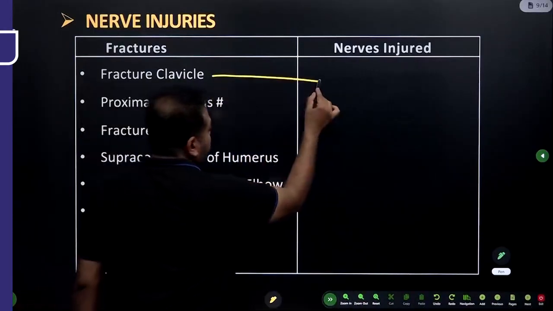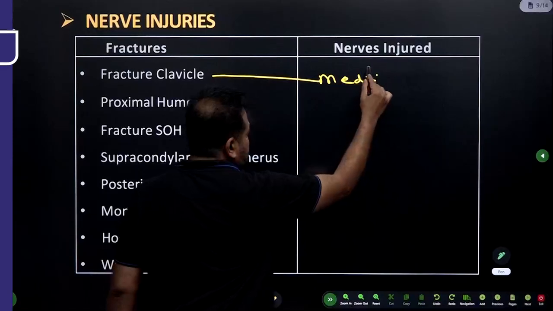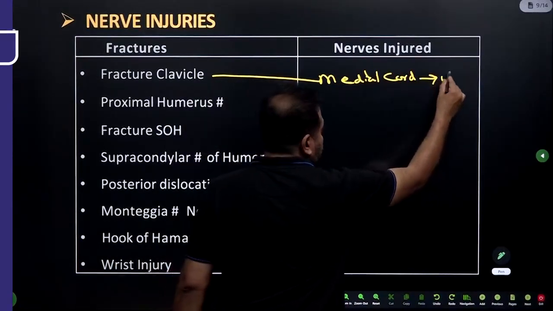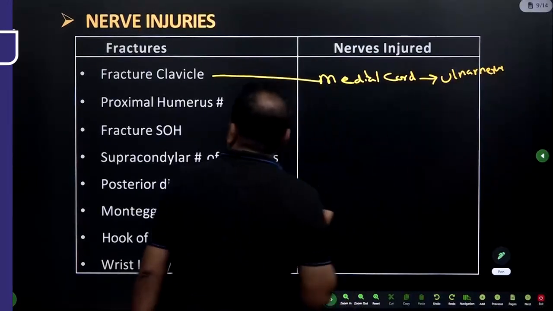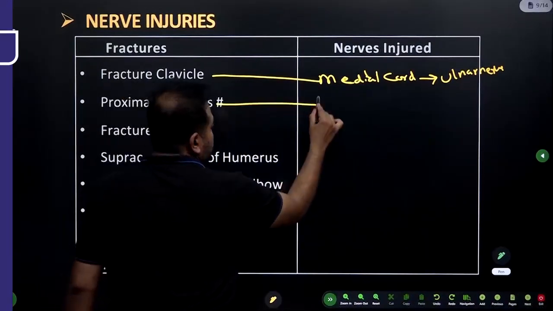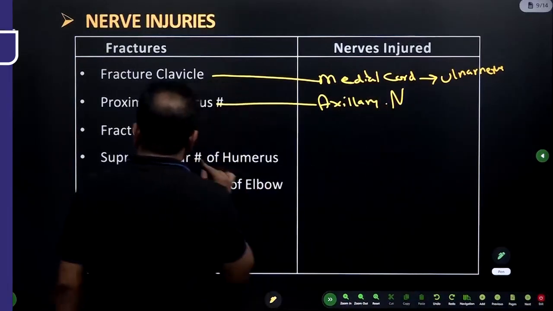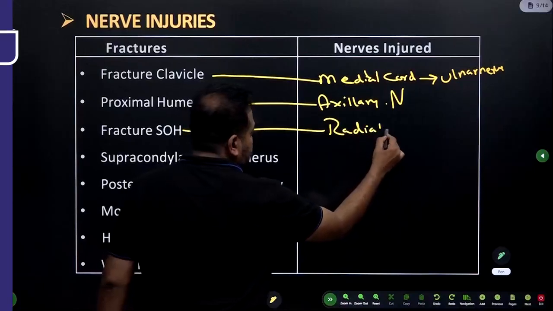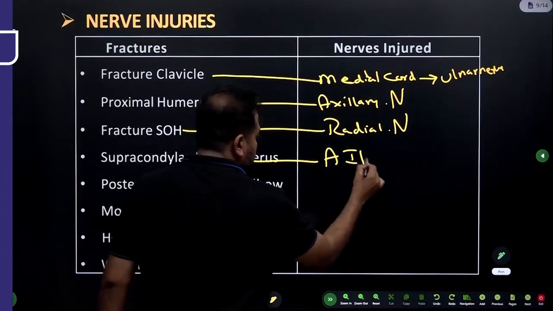Fracture clavicle, it is the medial cord of the brachial plexus, especially the ulnar nerve. The most common nerve in proximal humerus is the axillary nerve. In shaft of humerus, the radial nerve. In supracondylar fracture, the anterior interosseous nerve.